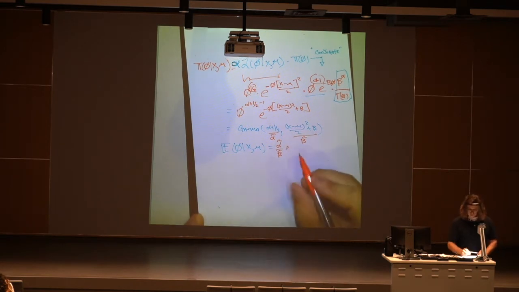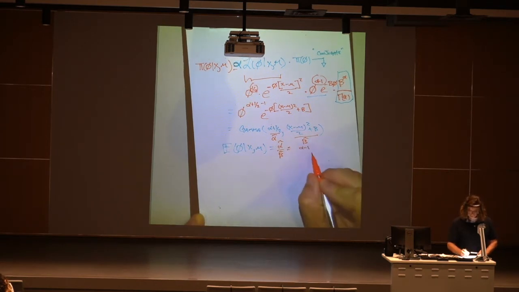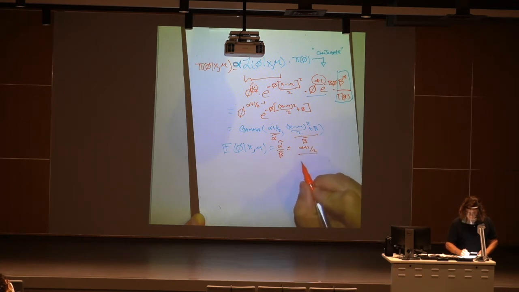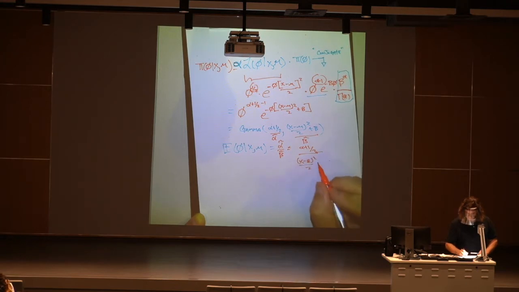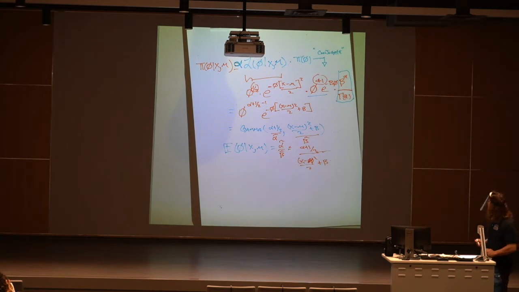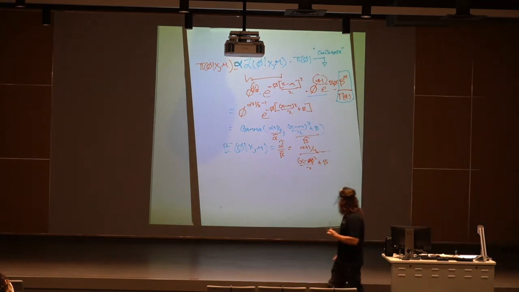It's probably useful to write it down: alpha plus 1/2 over x minus mu squared over 2 plus beta. Too many parameters really around. So alpha plus 1/2 over x minus mu squared divided by 2 plus beta.